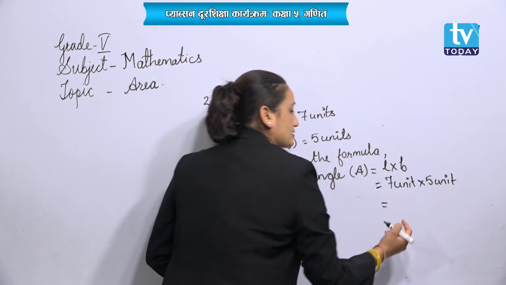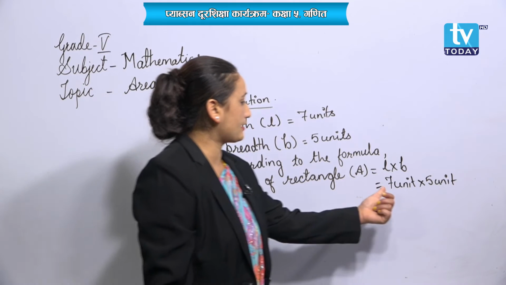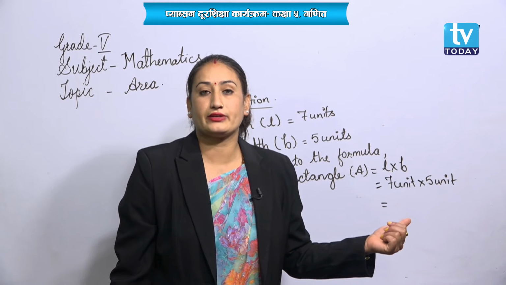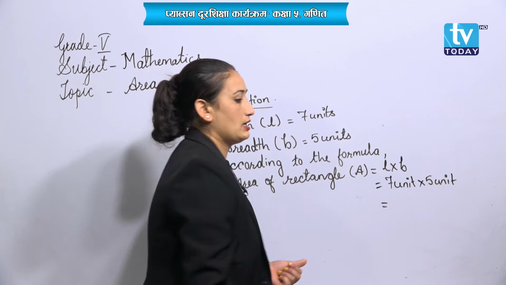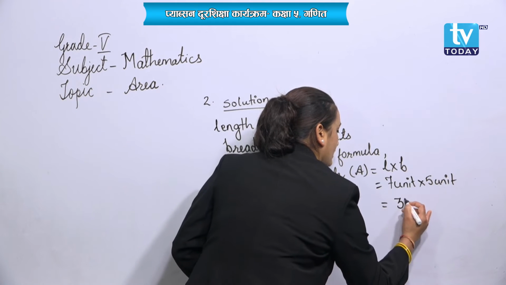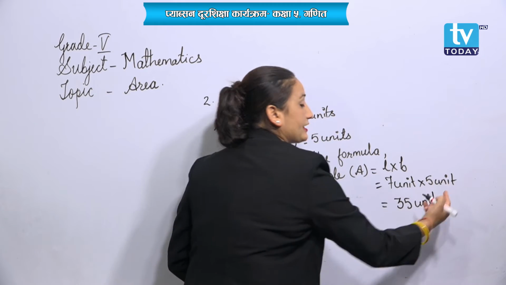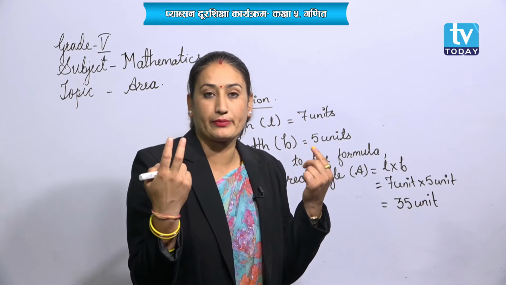So students, shall we multiply 7 and 5? Obviously, right? 7 times 5 is 35. So write down here 35. Unit and unit, 2 times unit are repeated, right?